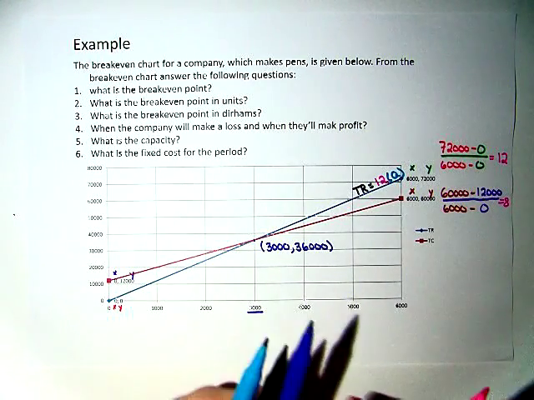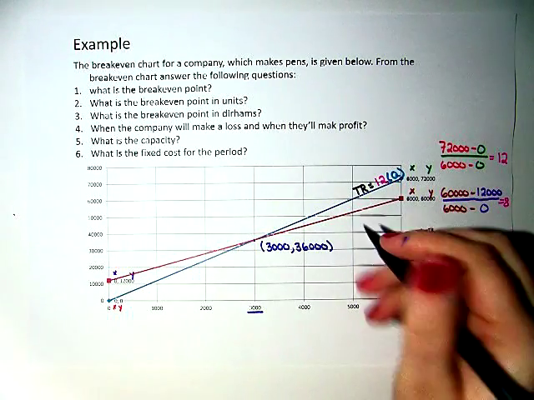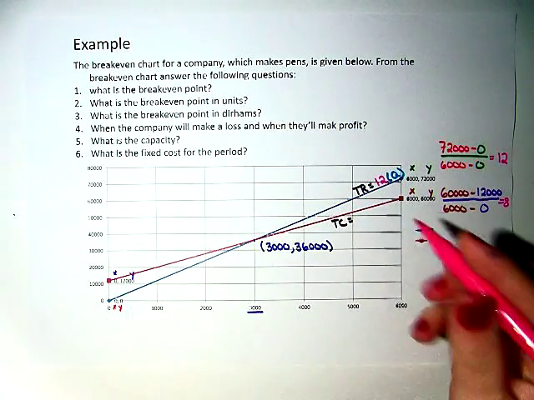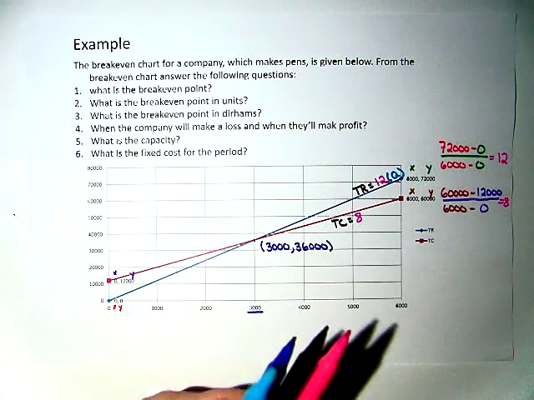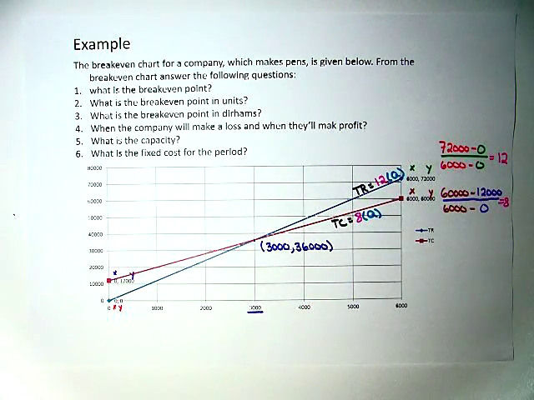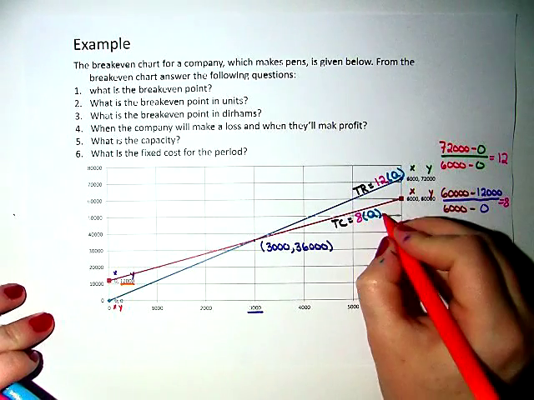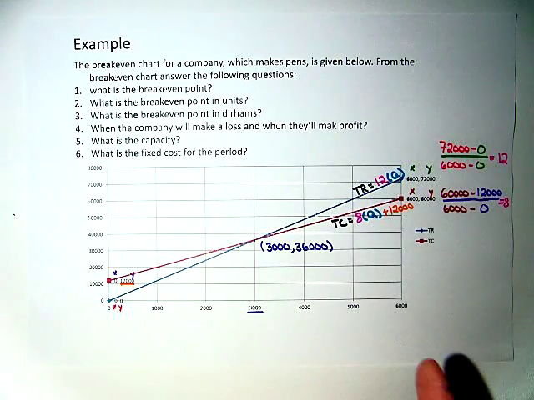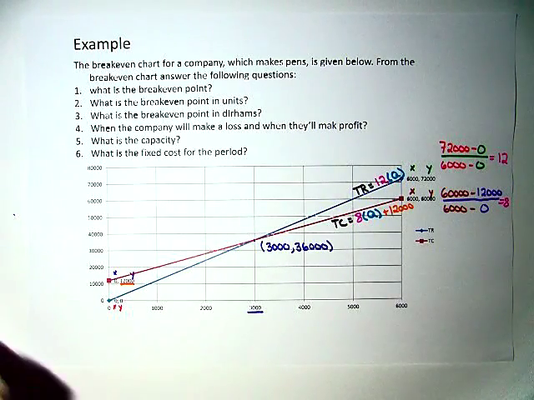So when we do the equation for total cost, it would be 8 times my quantity, and then the fixed cost we already identified, plus 12,000. Okay, so I think we've got enough now to answer the questions. What is the break-even point?